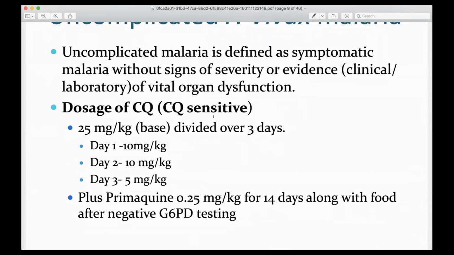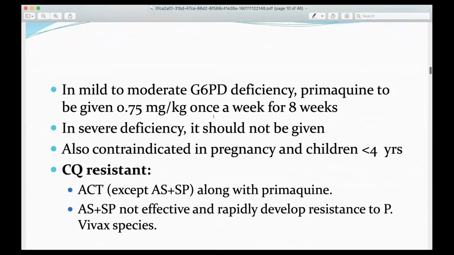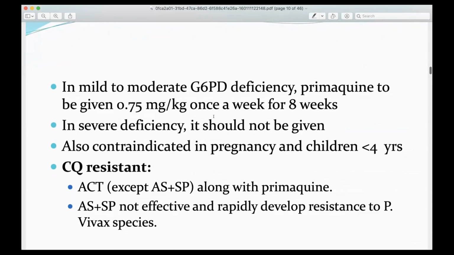G6PD. Here the important thing is that you have to do a G6PD test before prescribing primaquine, and there is a guideline that if there is G6PD deficiency, primaquine is to be given once a week, or if it is severely deficient, then you don't give. In severe deficiency, you don't give.